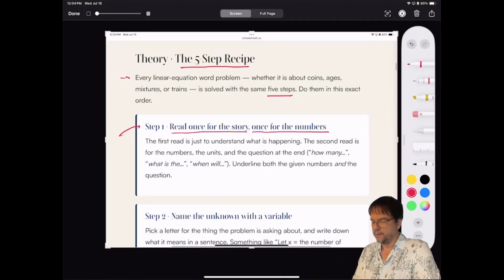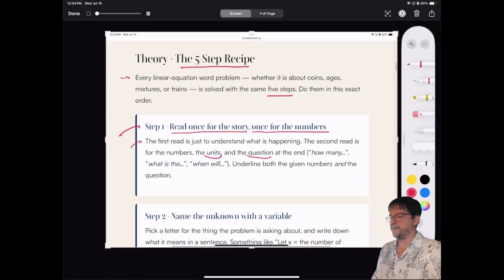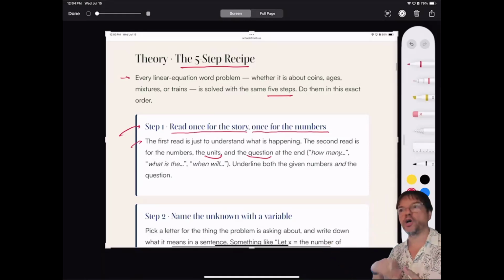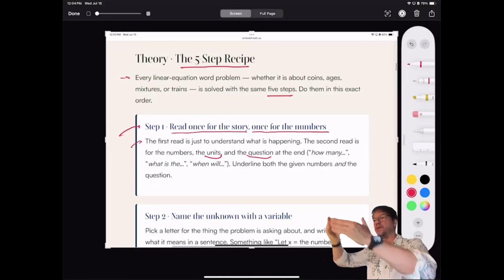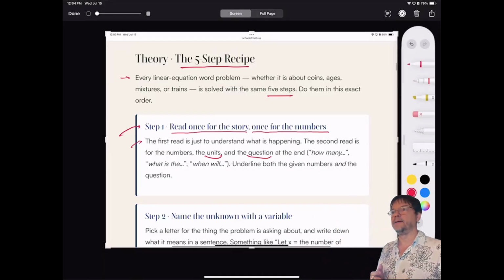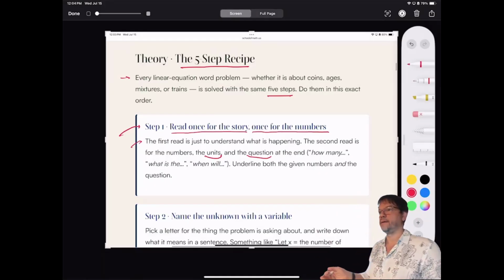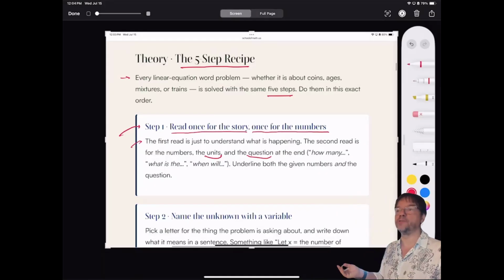The first read is just to understand what is happening. The second read is for the numbers, the units, and the question at the end. How many? What is there? When will? So before you answer, even if you did everything, read one last time what is being asked, because sometimes you interpret something and in fact you misunderstood.